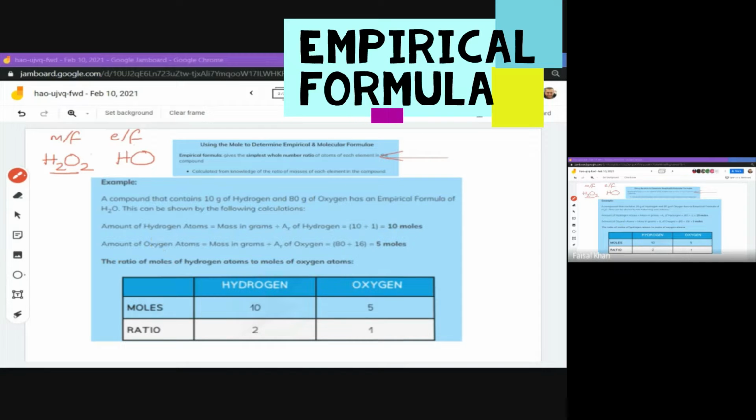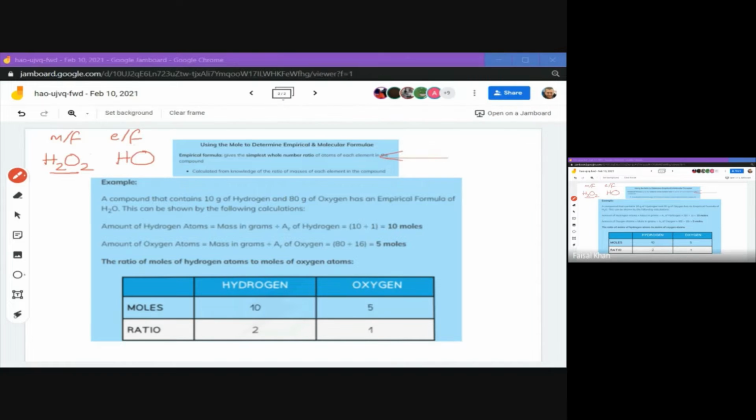It's like the simplest whole number ratio of atoms of each element in the compound. Okay, now we can use both of those and our knowledge of moles in order to work out what the true molecular formula is of a substance, if we get to know molecular masses and also have knowledge of the empirical formula.